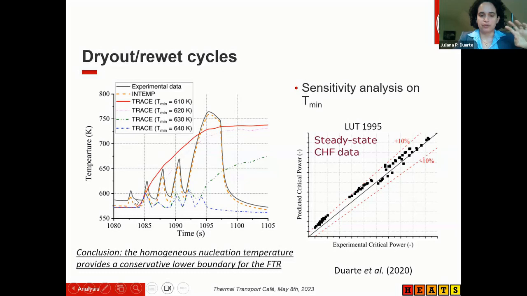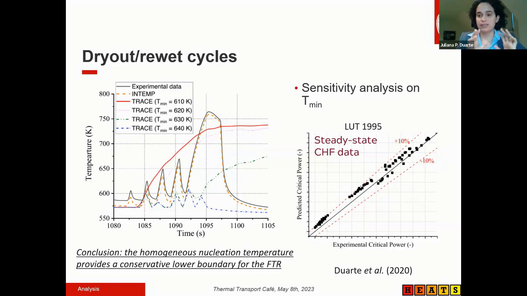We didn't have to do anything except, when I was doing the analysis of the local heat transfer, in order to have the critical heat flux occurring at the same location as the experiment, we have to play with the critical heat flux multiplier.